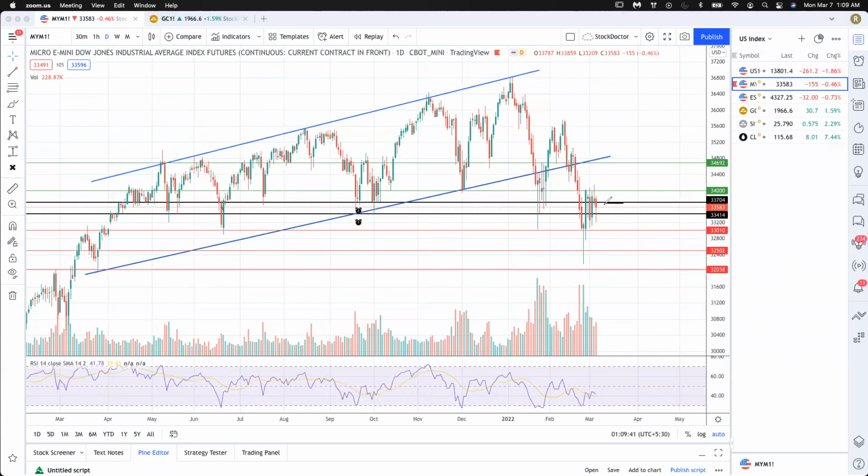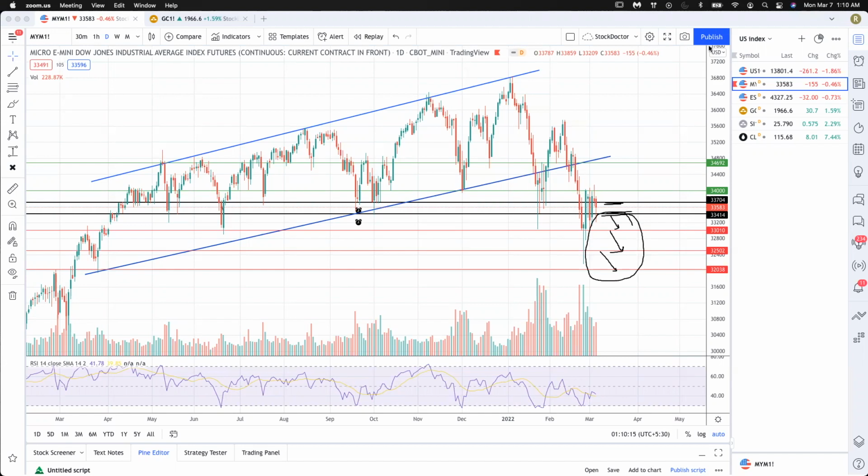If it starts trading below 33,400, then as I mentioned in the last video, the first target will be 33,000, the second around 32,500, and the third around 32,000. These are the short-term immediate targets.